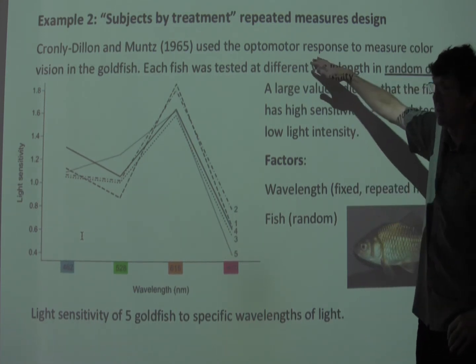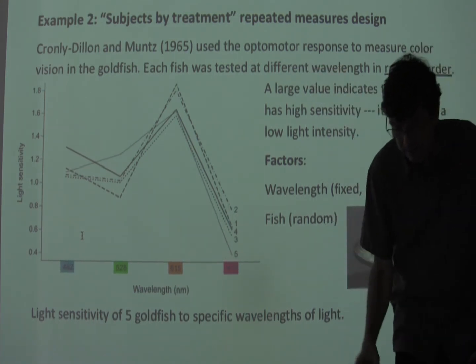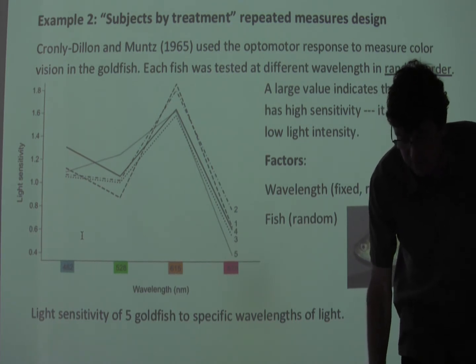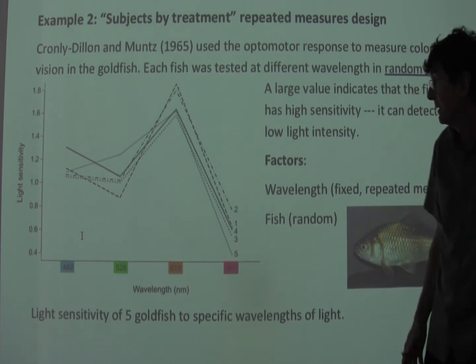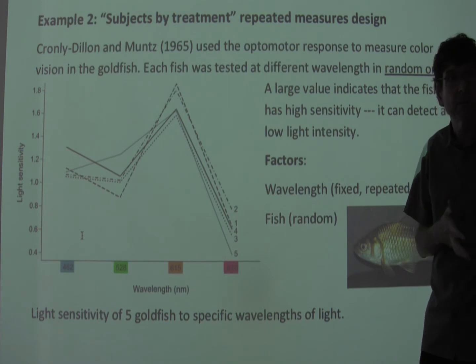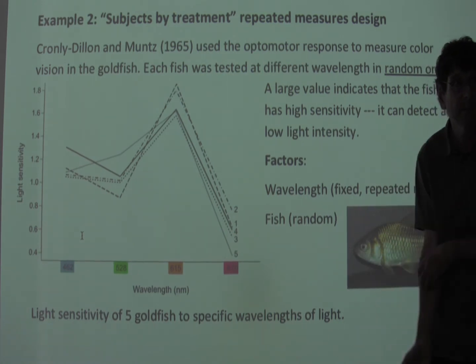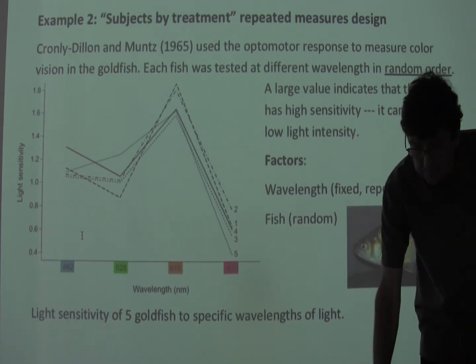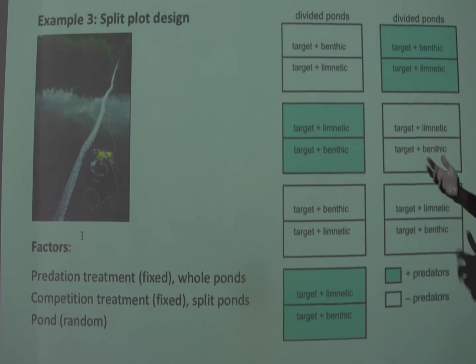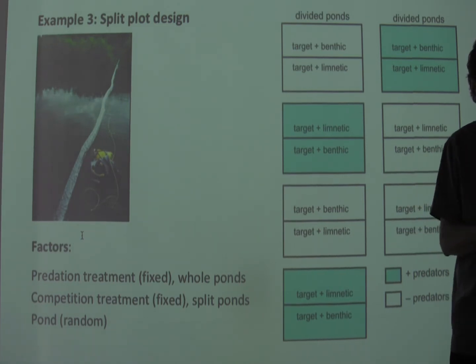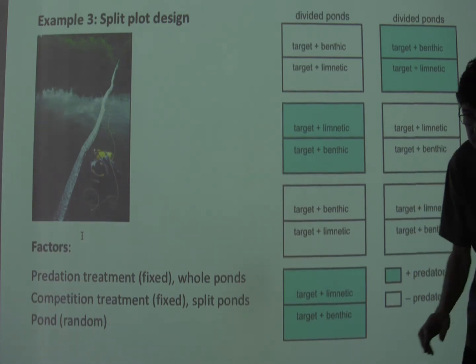It turns out in this case the optimum motor response is so fixed that it doesn't matter, but in many other kinds of experiments there's the possibility that what you've just measured will influence what you next measure, even if it's in a different treatment. And in a situation like this, you have to make sure that what's going on one side of the pond doesn't affect what's going on the other side.